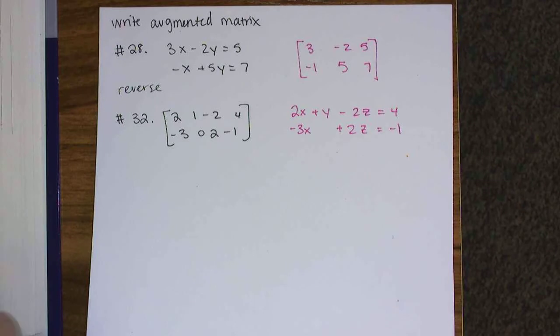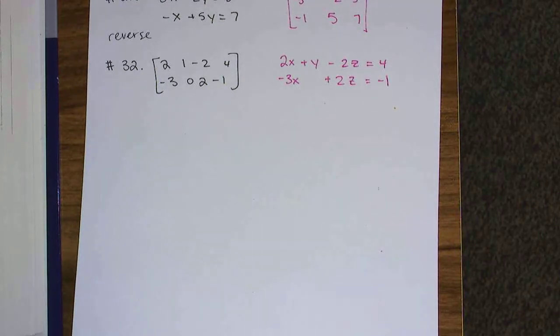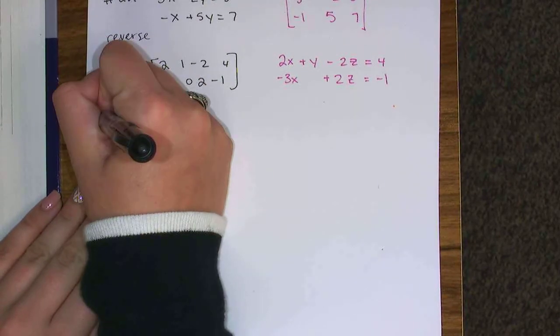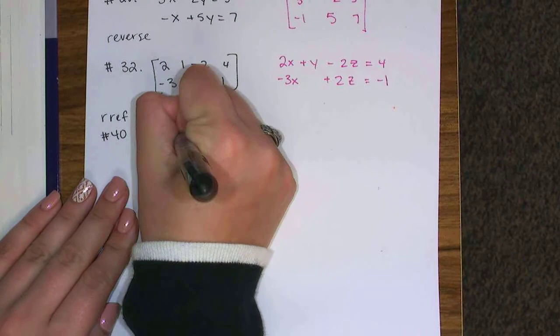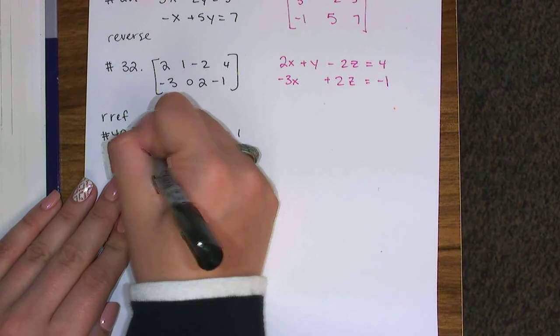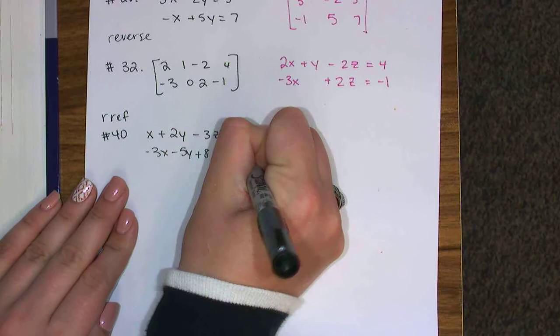And then lastly, it wants you to find the row-reduced echelon form of the system of equations. I'm just going to do one more of those, and then we'll be done. Number 40 is x plus 2y minus 3z is equal to 1, and negative 3x minus 5y plus 8z is equal to negative 29.